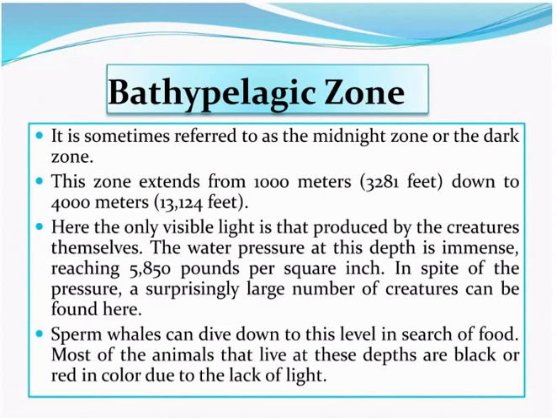In spite of the pressure, a surprisingly large number of creatures can be found here. Sperm whales can dive down to this level in search of food. Most of the animals that live at this depth are black or red in color due to the lack of light.